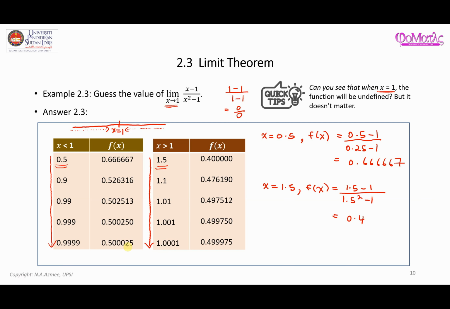Based on this result here, we're going to just focus at the end of it, where you can see that the pattern of the values here approach a certain number, and in this case we can guess the value of the limit as x approaches 1 for our function is going to be about 0.5.